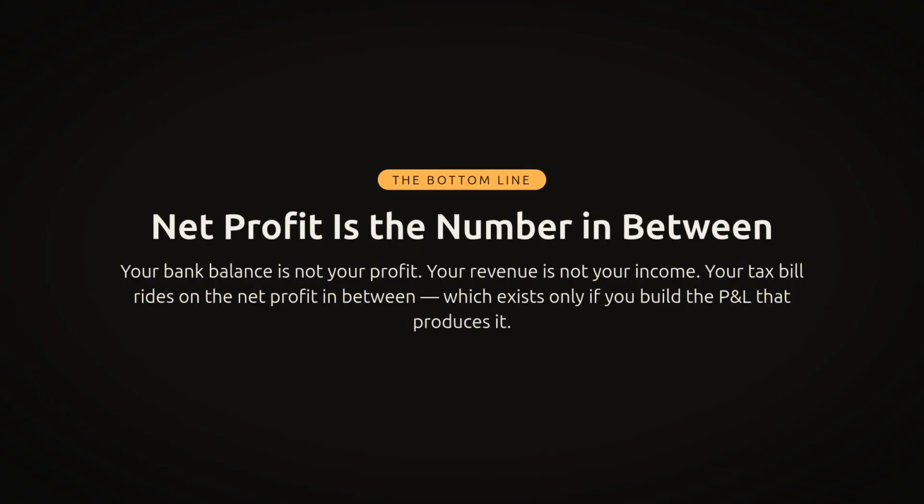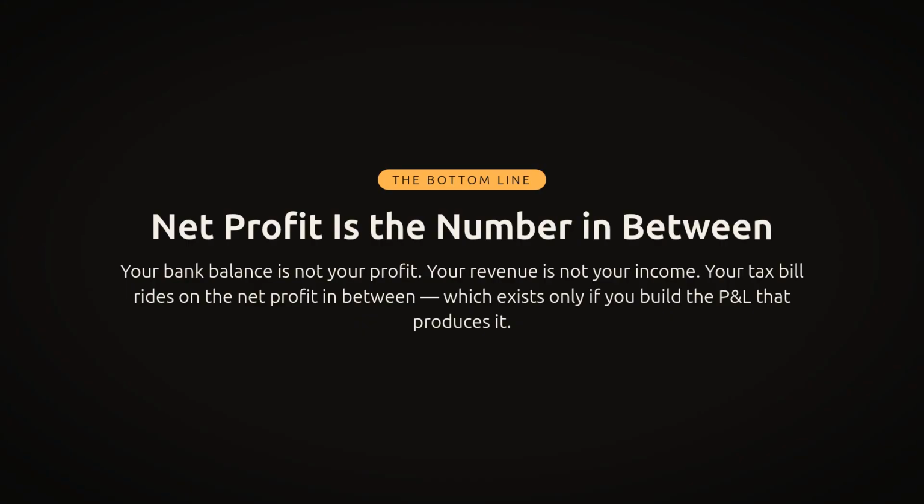Your bank balance is not your profit. Your revenue is not your income. And your tax bill is based on a number in between, your net profit, that exists only if you build or maintain the P&L that produces it. Monthly review, November projection, and year-end decision-making on retirement contributions, equipment purchases, and revenue timing all require a current P&L.